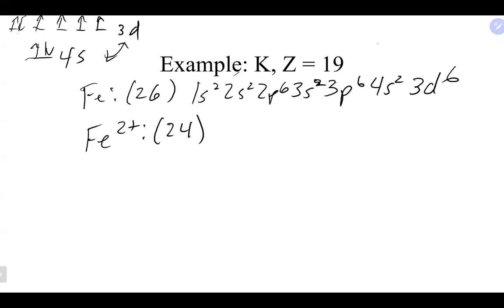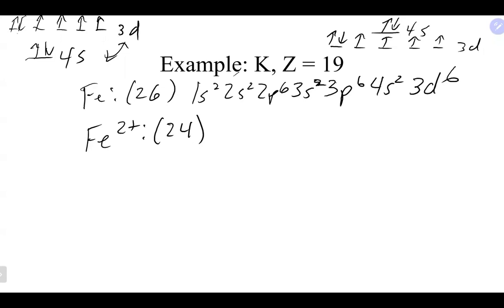And what ends up happening, as I mentioned, is the 4s actually ends up being higher in energy and the 3d ends up being lower in energy. So what happens when things lose electrons is they typically will lose the highest energy electrons first. And that is because technically they are further away from the nucleus and not held as tightly. So those are the ones that go.